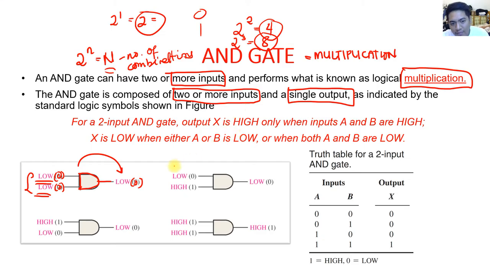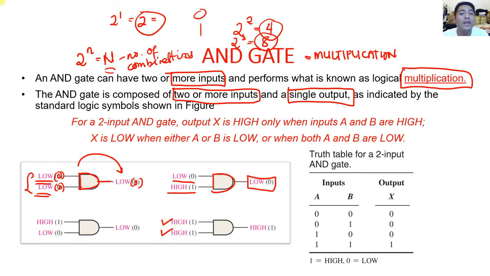And the same happens if we have a logic 0 input and a logic 1 input ANDed together, since 1 times 0 is 0 and the AND gate performs multiplication, so the output is still 0. The only time that the output of the AND gate will be high is if both inputs are high.